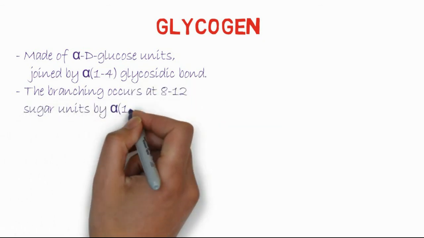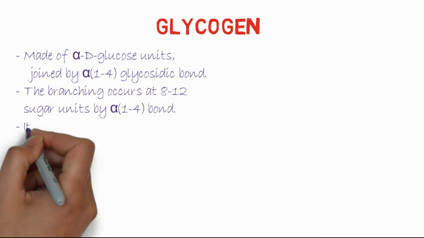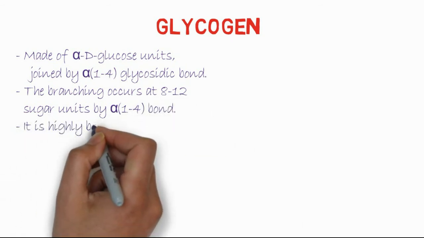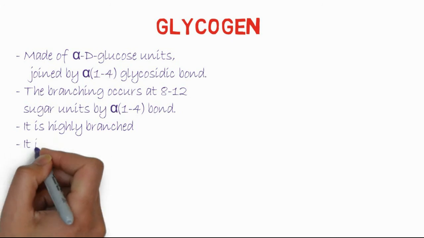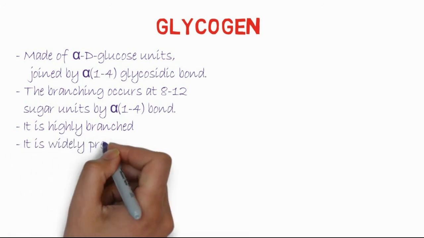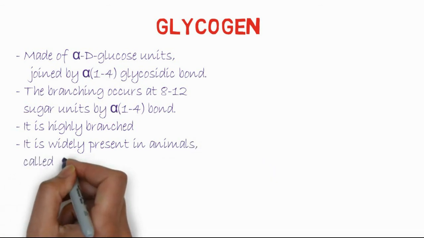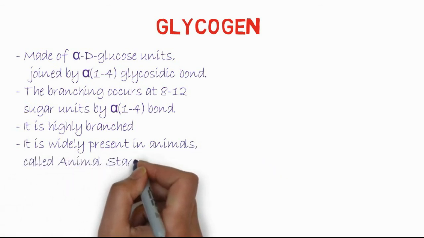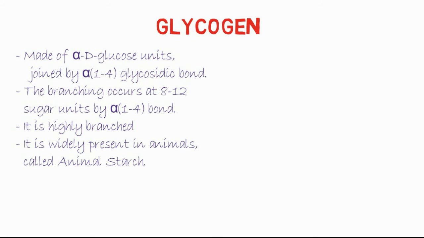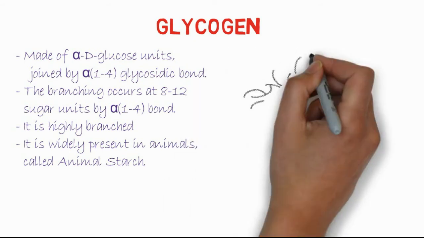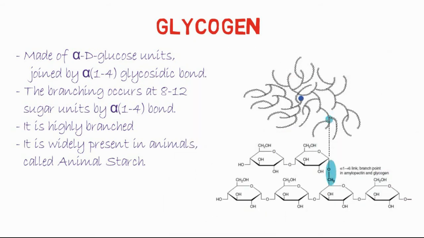In glycogen, the branching occurs usually at 8 to 12 sugar units by 1 to 6 linkage in the straight chain, while the branching is 1 to 6. It is highly branched compared to starch, and it is present in animals.